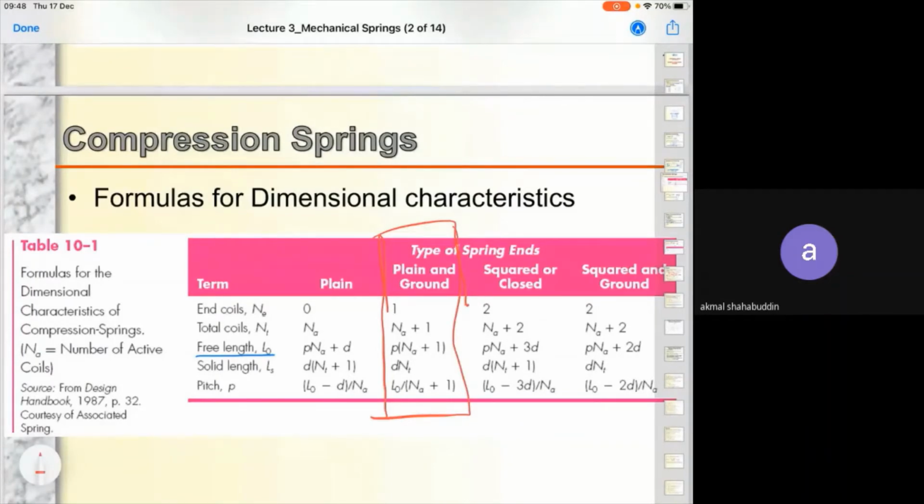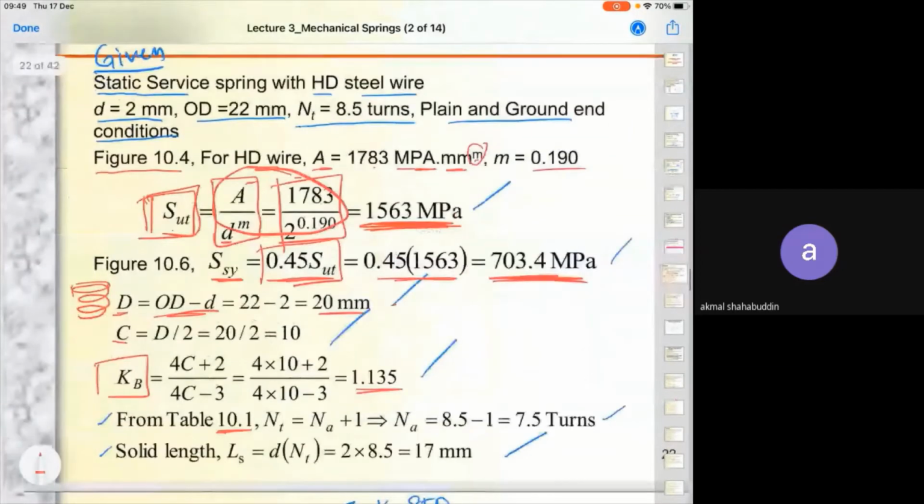So you may see that all of the equations are different. Tengok N con 1, total coil NA plus 1. Yang lain plus 2, ada yang plane NA saja. Free length, tengok free length. Beza, solid length beza dan pitch juga beza. So kalau tersalah guna, akan dapat jawapan yang salah lah.